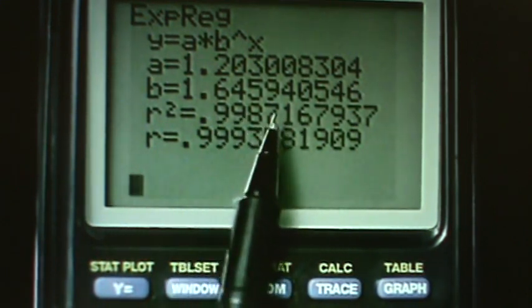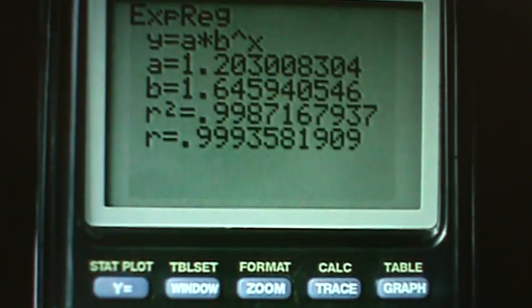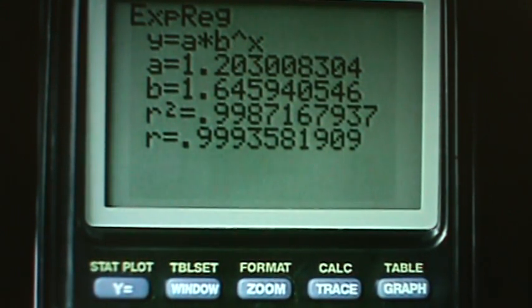And I want to call your attention to this because we're going to perform one more regression in just a little bit. This is going to be the best regression for our purposes because we are in a chapter of exponential and logarithmic functions. But there is another regression that works particularly well on this set of data as well. Well, let's go to the graph.